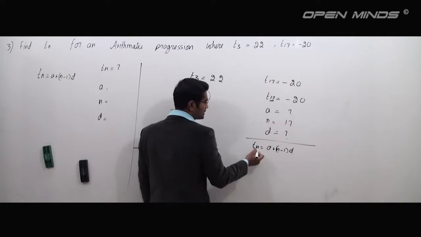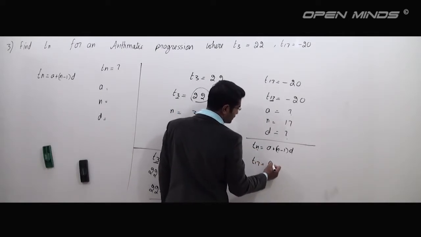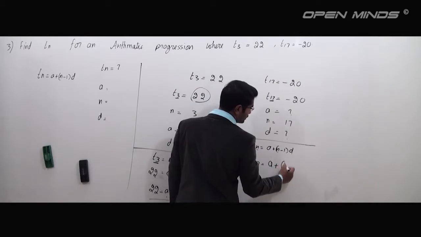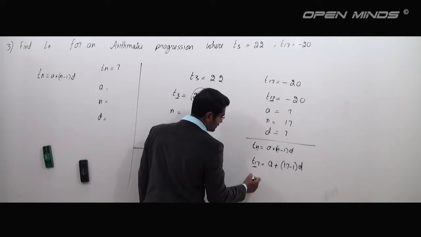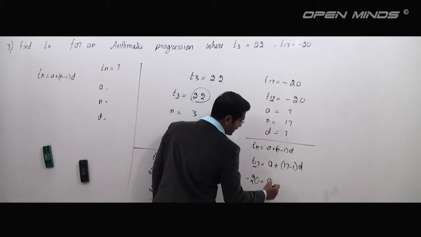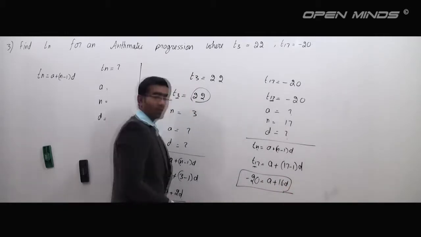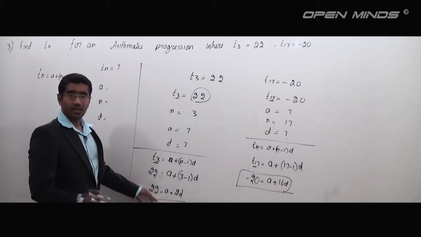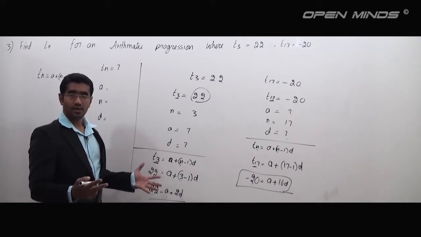If I'm talking about T17, a I don't know, n is 17 minus 1, and d I don't know again. So negative 20 is a plus 16d. Okay, look at that. I get another equation. I have one more equation here. Both these equations have variables a and d. Can I solve these two simultaneously and find a and d?